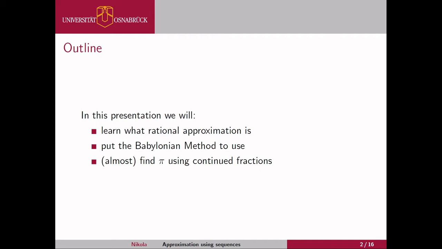First of all, of course, I will introduce you to the concept of approximating numbers with sequences, with rational number sequences, and then we will put most of our attention into developing two methods for approximating numbers. One is called the Babylonian method, and the other method is called continued fractions, and we will go over them, find a few examples, and discuss why they're useful.